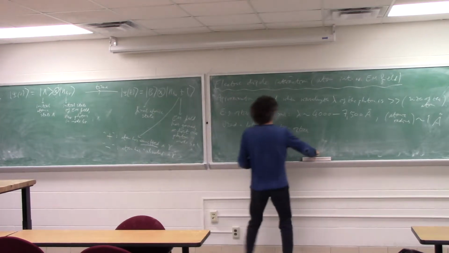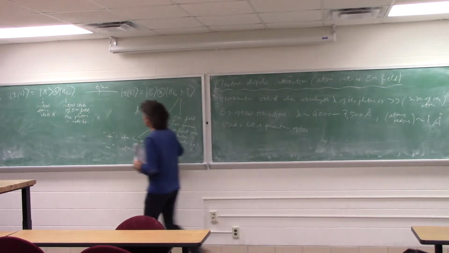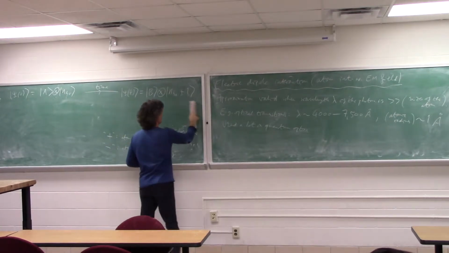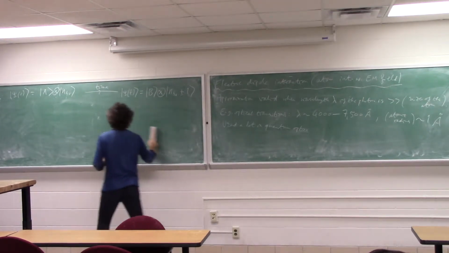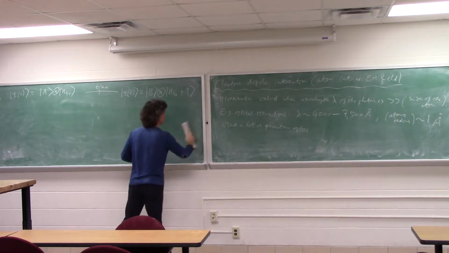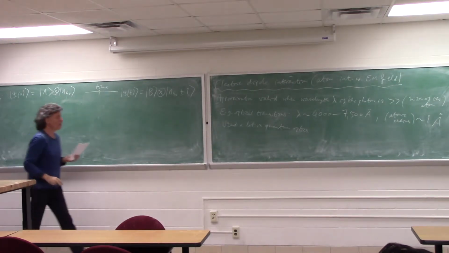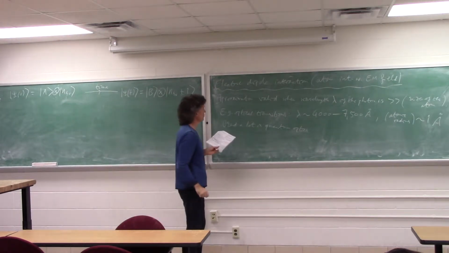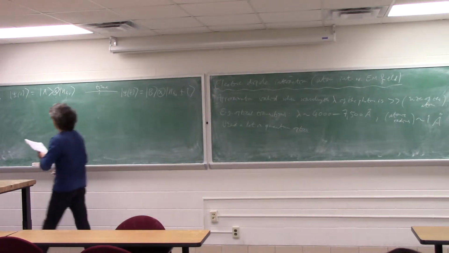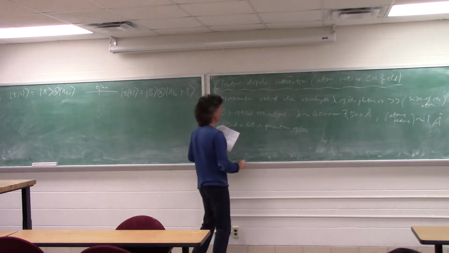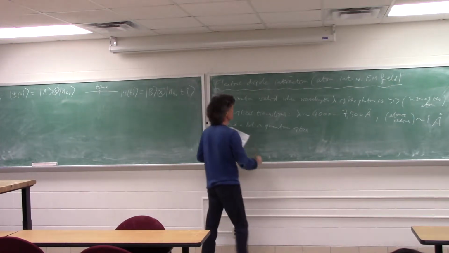So I'm just going to study this approximation, which is very nice because it gives you a quick insight in a simple way into how quantum field theory works. So here are the conditions under which the approximation is valid.